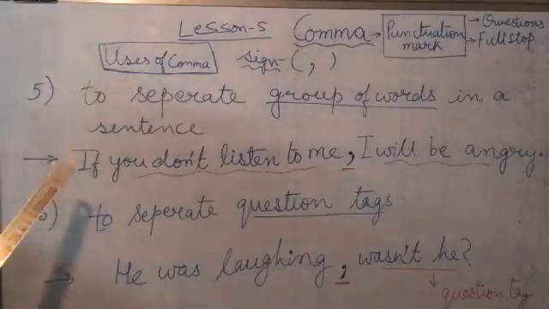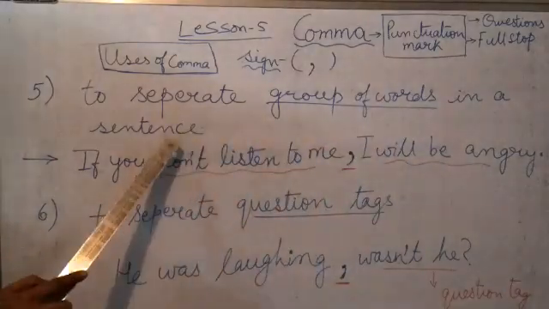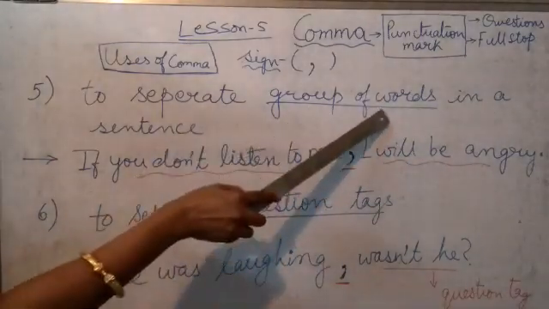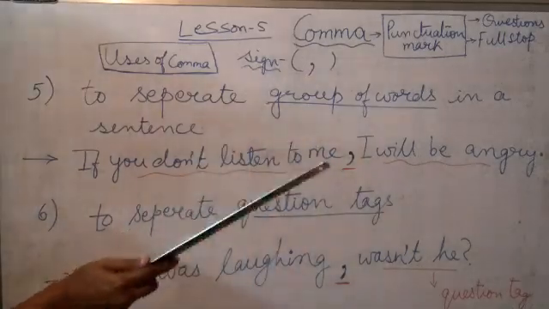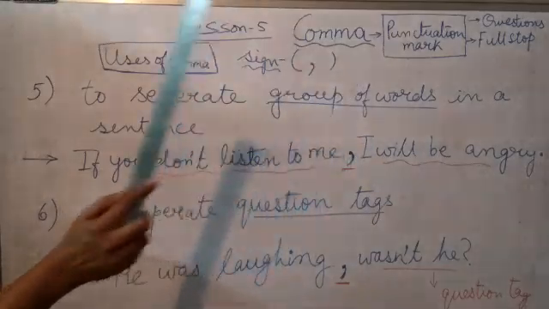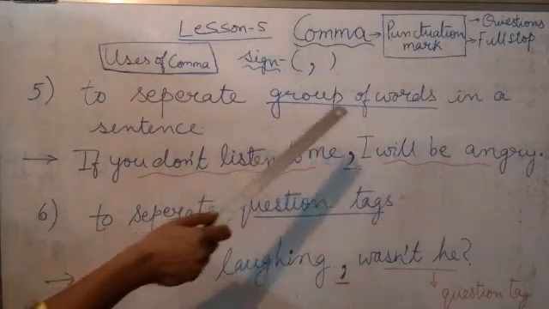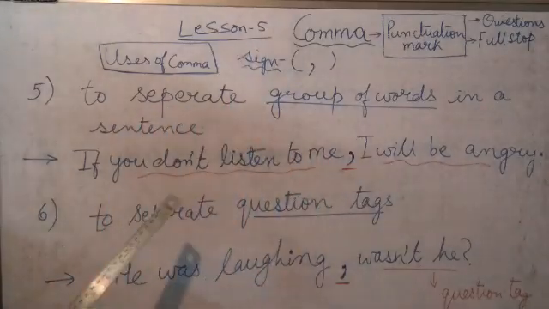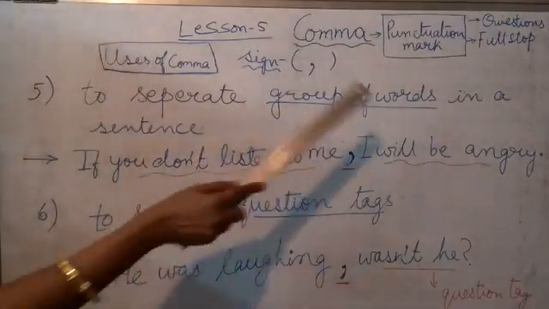Number 5th point. To separate group of words in a sentence. Now, group of words. Remember, we have already studied in the lesson on sentences that a group of words that makes complete sense is called a sentence. So here, when groups of words in the sentences are there, we have to use comma to separate that group of words.